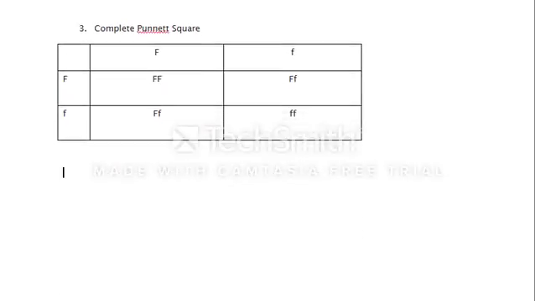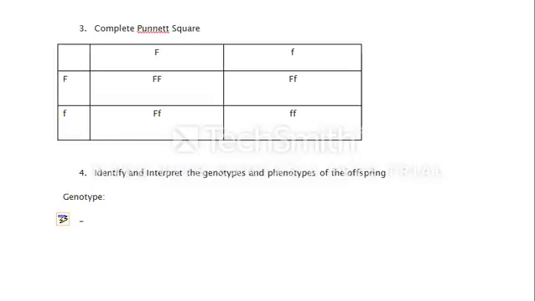The last thing we need to do, step 4, is to identify and interpret, and that's the key point here, is interpret the genotypes and phenotypes of the offspring. Recall that genotype, which we will look at first, is the actual alleles that make up the offspring.